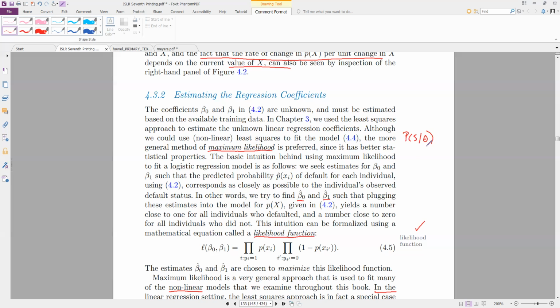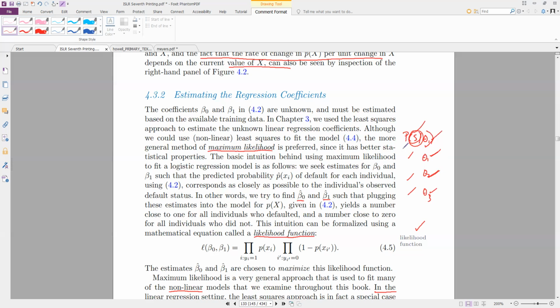Which value of the parameter makes the data, the sample, most likely? So you could have a choice of parameters. You could have this parameter, this parameter, this parameter, this one, and the maximum likelihood one that you're going to use is whichever one maximizes the probability of that sample or data.